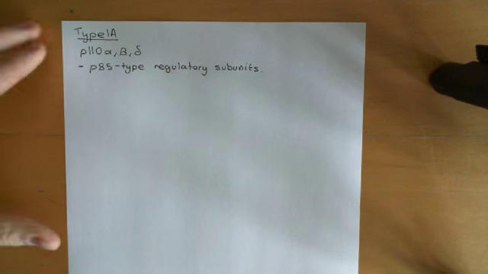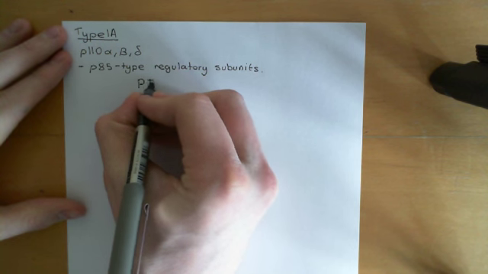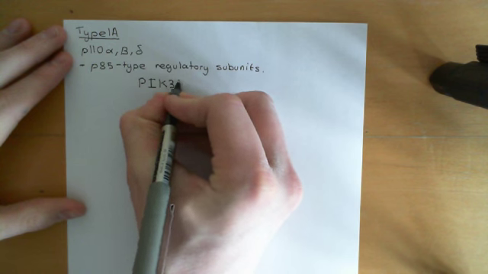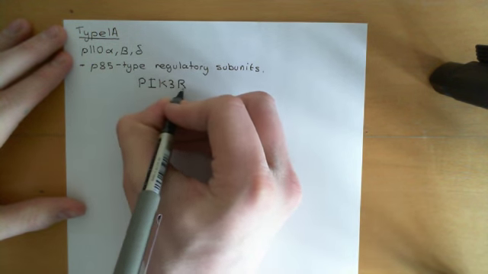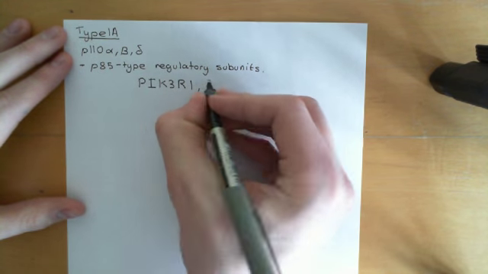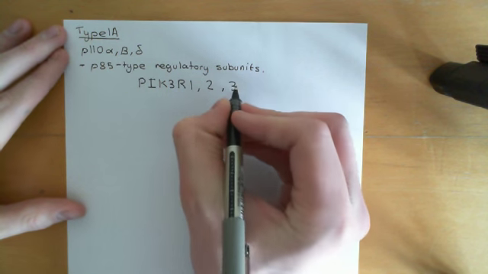Okay, right. So the genes for P85 type regulatory subunits are called PIK again, and then you've got the 3. And now R for regulatory subunit, so PIK3 is for PI3 kinase, R for regulatory subunit, okay, and then you've got PIK3R1, then you've got PIK3R2 and PIK3R3.